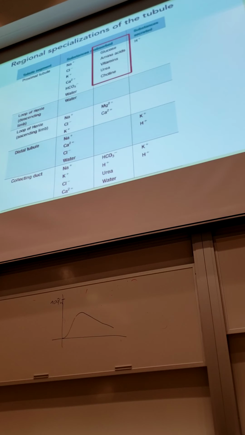Okay. We also reabsorb a huge number of ions and water. This proximal tubule, and then we'll move on. The proximal tubule is probably the most important part of the nephron when it comes to making sure that we don't deplete our body's source of ions and water and nutrients.